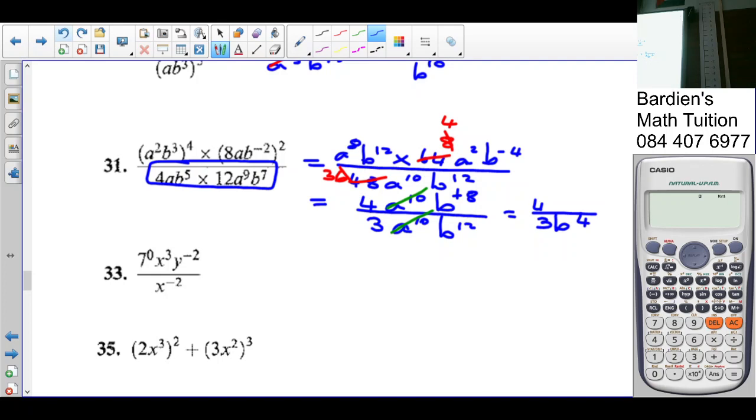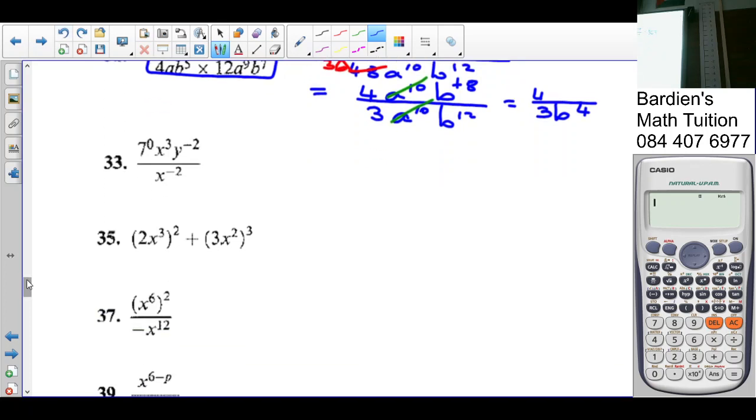Number 33. Anything to the power of 0 is? 1. So that belongs to the numerator and that belongs to the y, because of the negative exponent. I could have said it's going to be x to the 3 plus or minus minus 2. It's going to give you x to the 5.